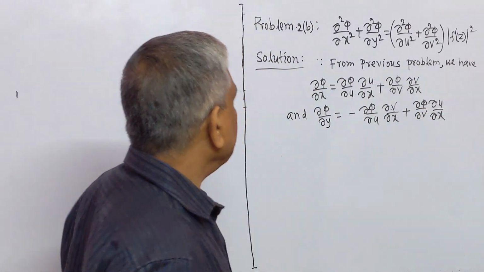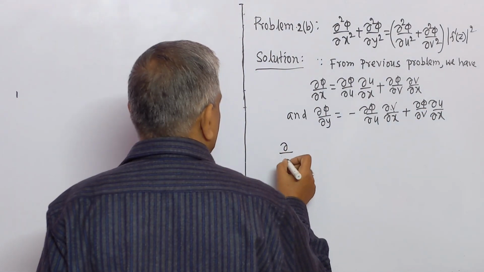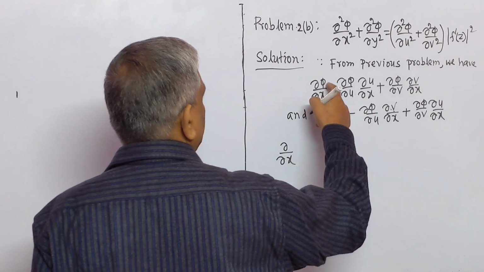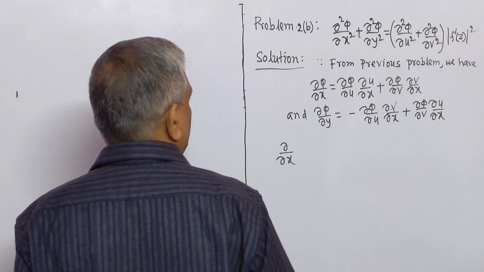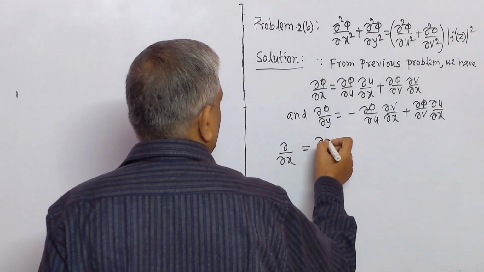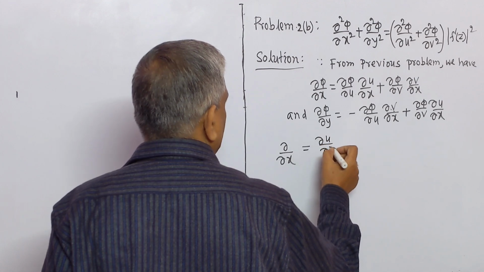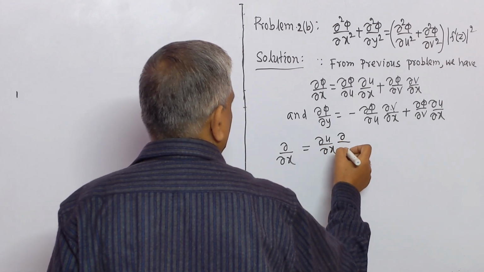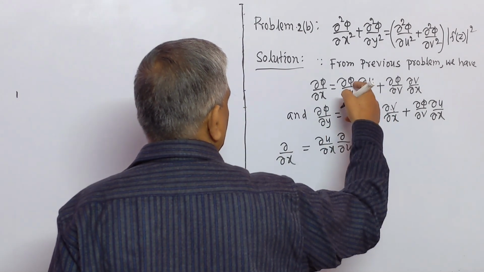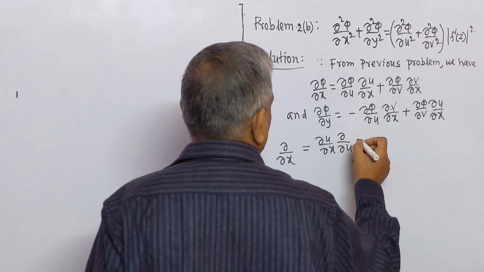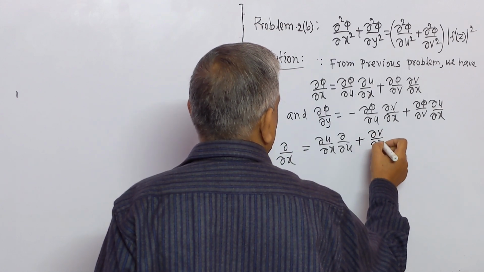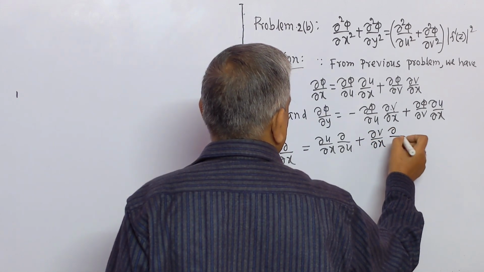We may write this as del by del x, we remove phi and make it operator, equal to del u by del x del by del u plus del v by del x del by del v.